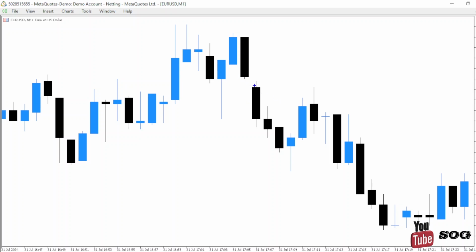Right here, it shows you that the candle at a time frame of 1 minute, it opened at this point, right? It came down to this point. This was the lowest point it ever came to. This zone was the lowest point it ever came to.